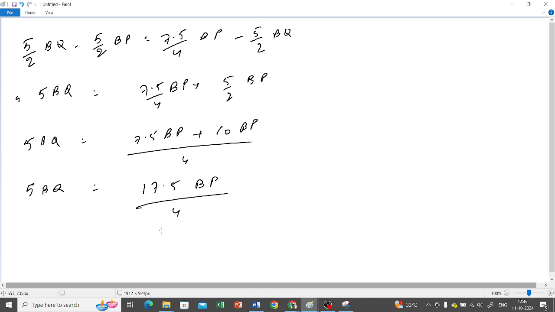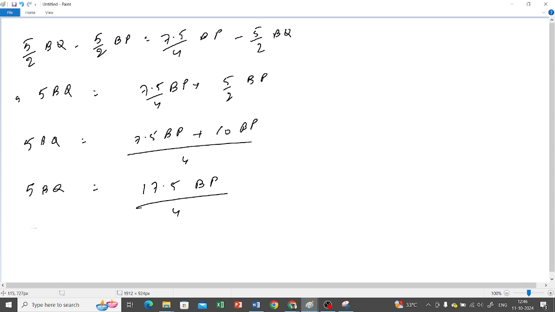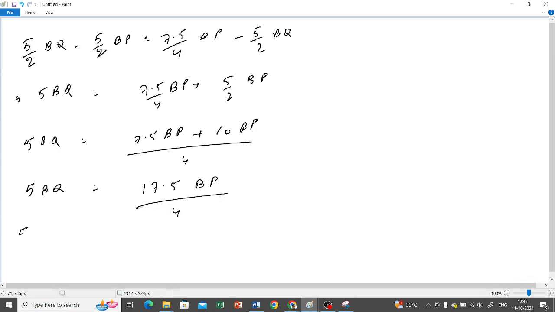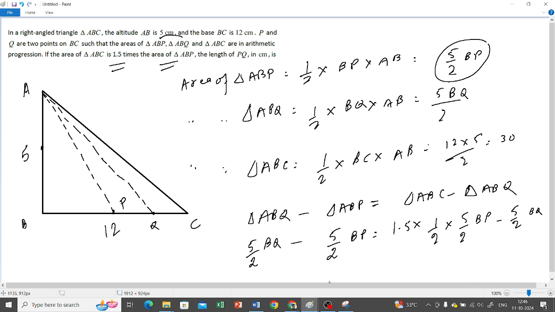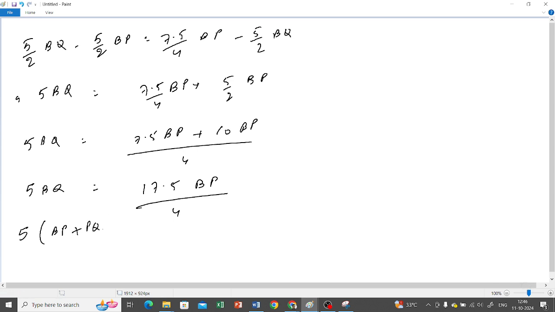I need to calculate the value of PQ. So BQ is BP plus PQ.